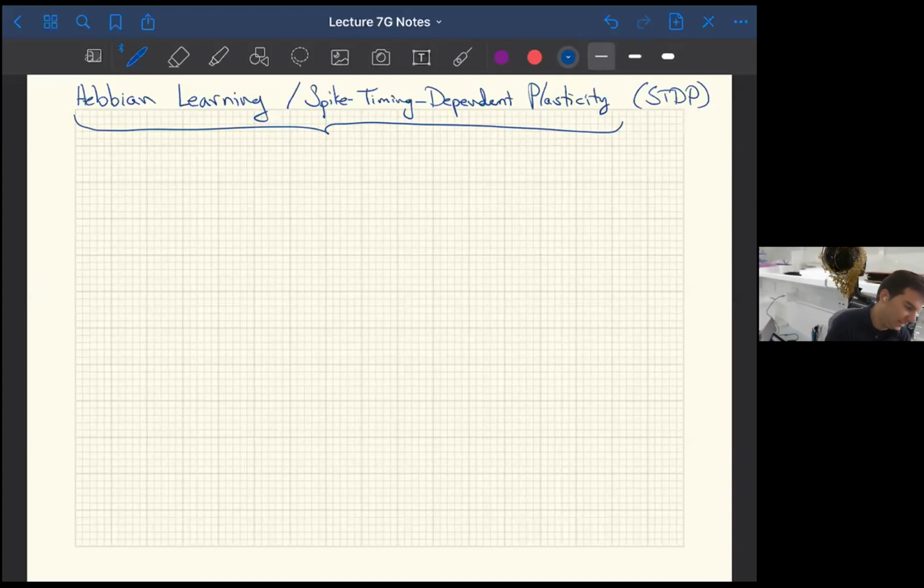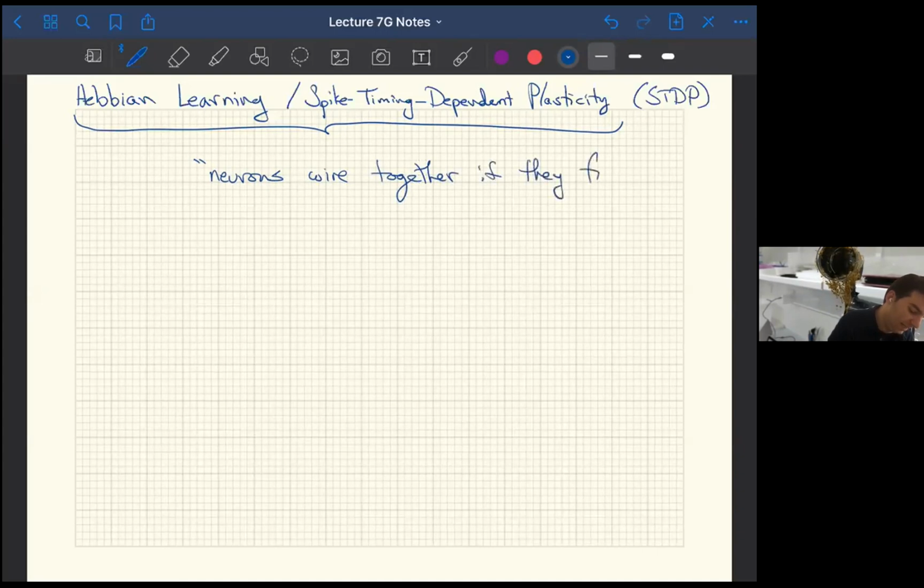And so the idea is that neurons wire together if they fire together.